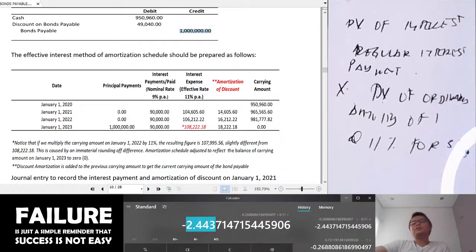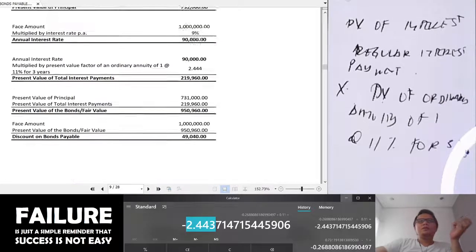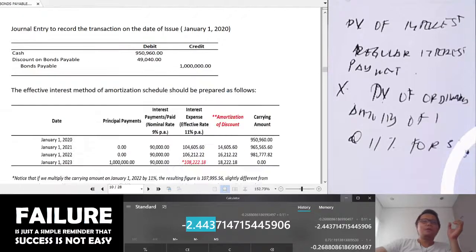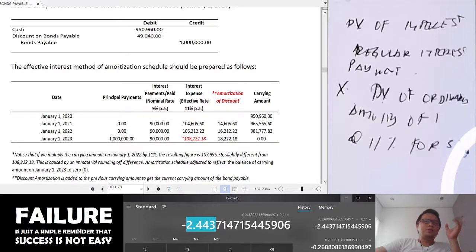So basically, again, we will start with your bond date or date of the bond, which in this particular example, same siya sa date of issue natin kasi nga, interest is annual yung payment nito. So, kumbaga, yung assumption is same siya sa date of issuance natin.